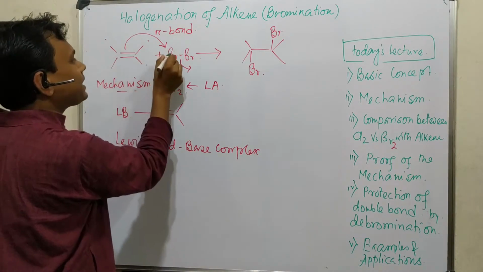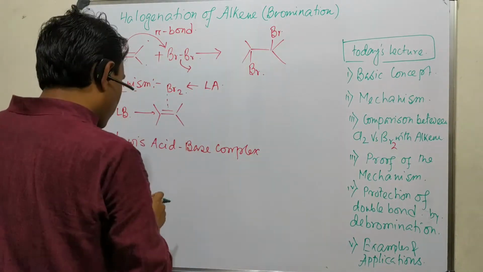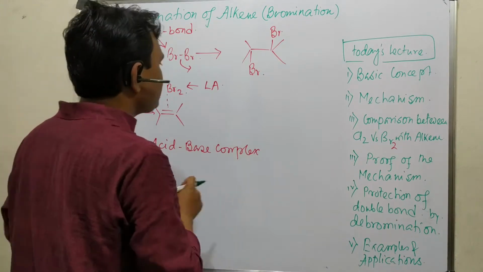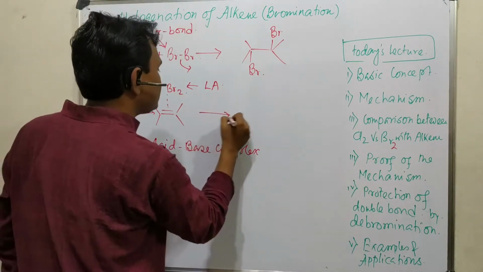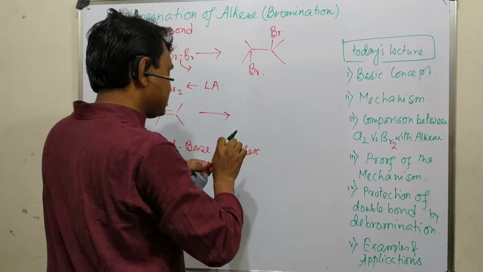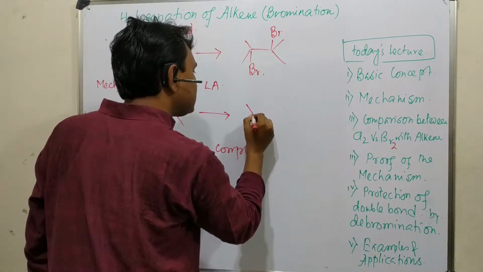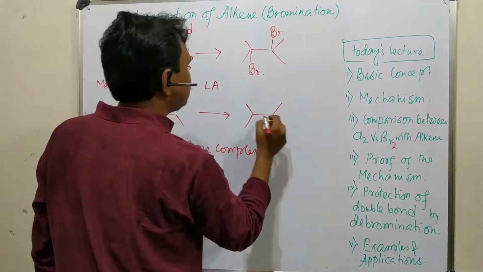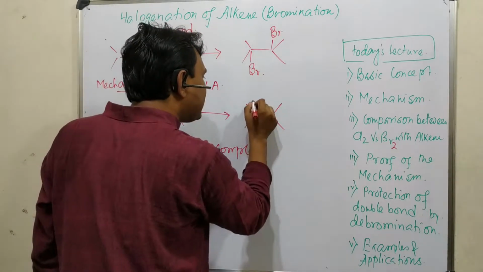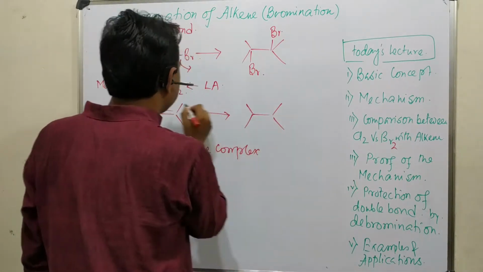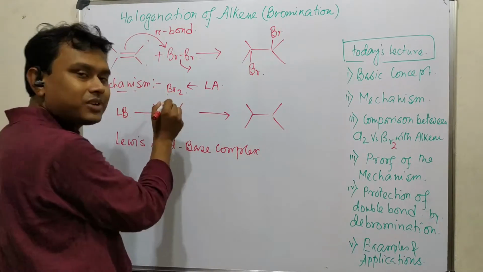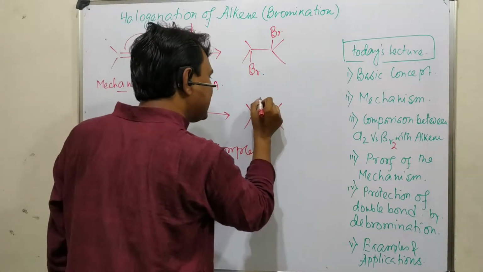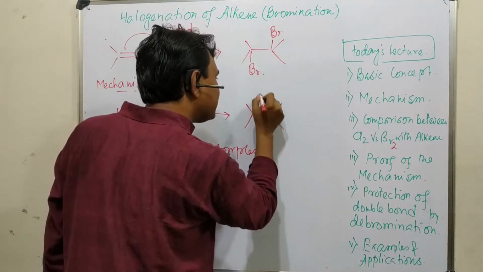For example, these will attack Br and will leave. So what does it produce? As we said, it is expected that the double bond is interacting with the bromine, so we can consider the transition state like this.